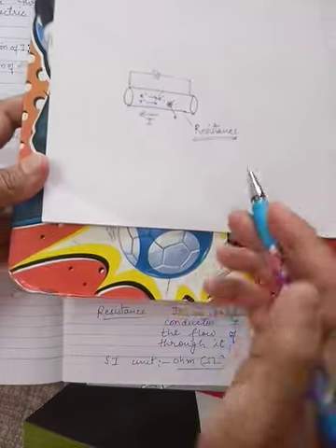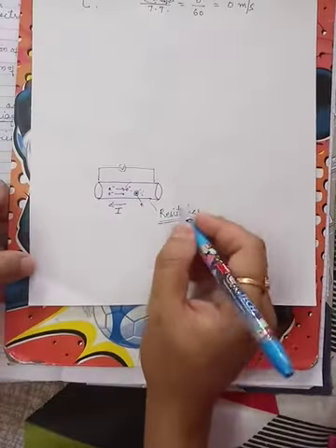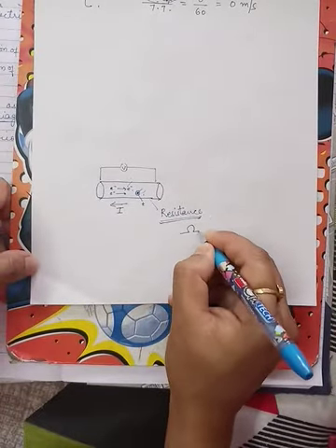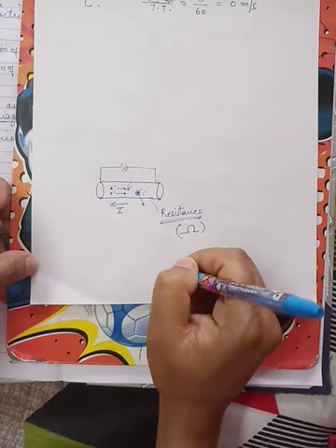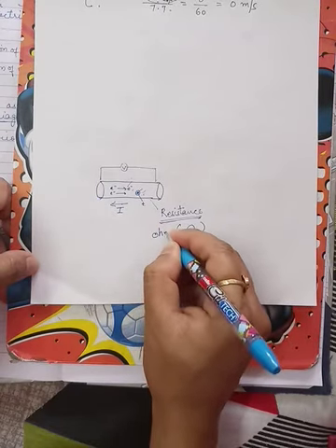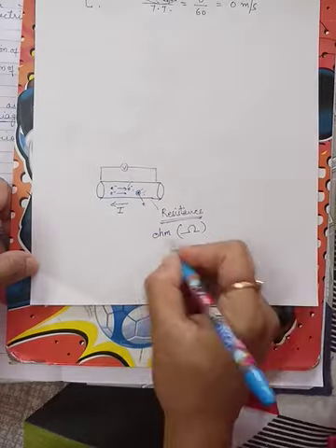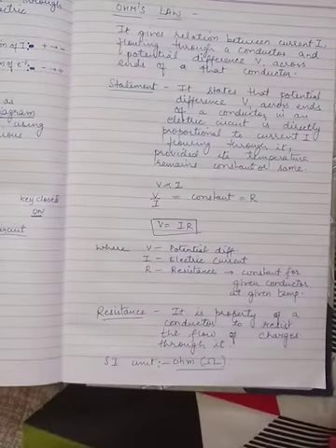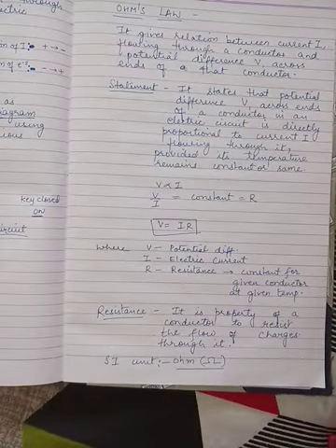Now what is the unit of resistance? The unit of resistance is the ohm, because it was defined by Ohm's law. Now how will we define 1 ohm?